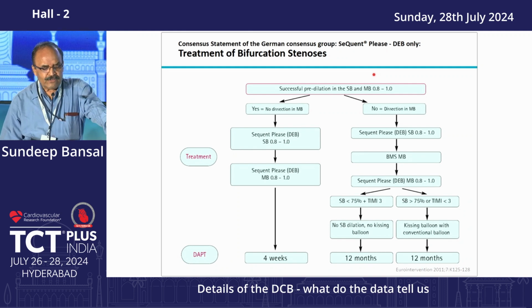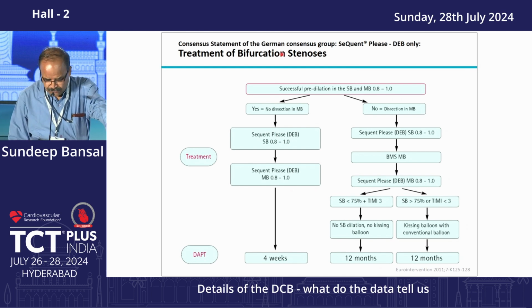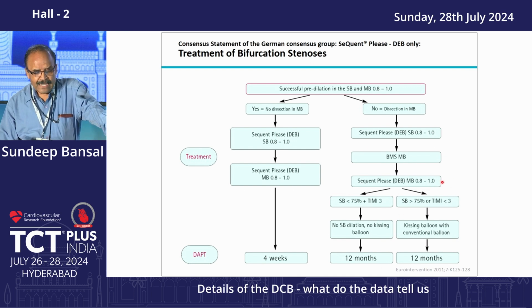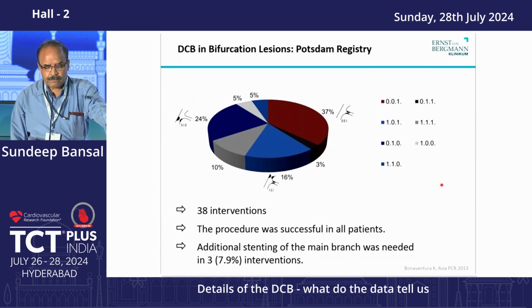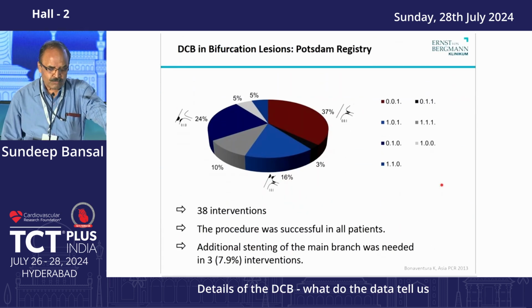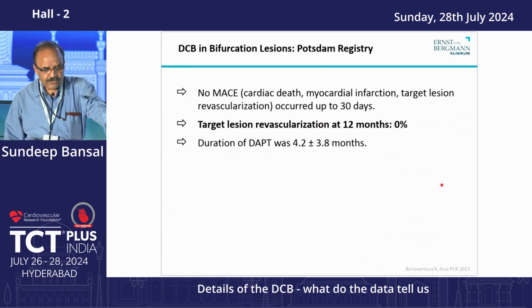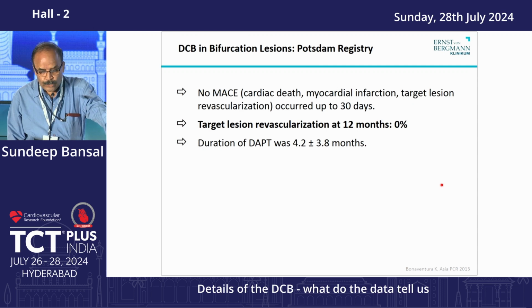So in case of bifurcation, there is small data. This is a German consensus on bifurcation, which again talks of the same thing, that if you don't have a flow-limiting dissection and you have a 0.8 to 1 ratio, you could go ahead and give drug-coated balloons. It was a small number of patients, but the important point is that the target lesion revascularization was very low.